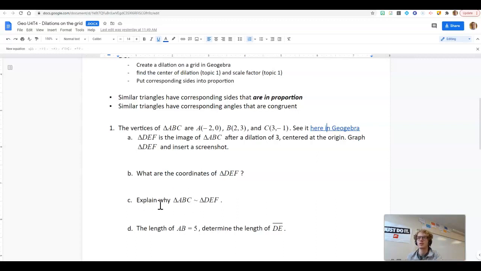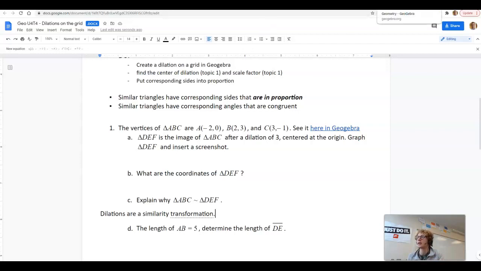So the explanation for why triangle ABC is similar to triangle DEF is because dilations are a similarity transformation. But you can also say something along the lines of they have the same shape, but they are different sizes, or that the sides are in proportion, which is what we're about to talk about.